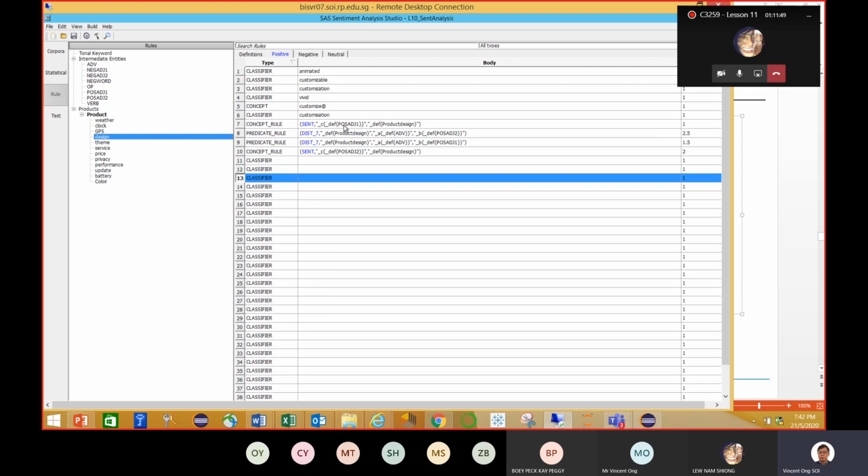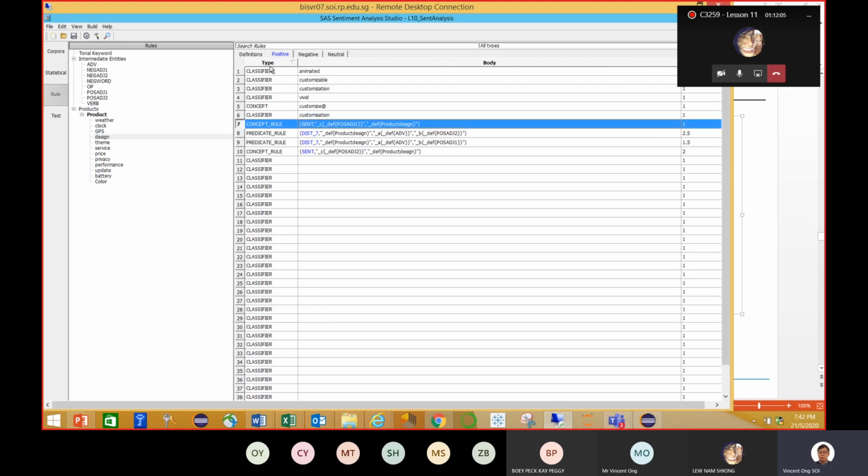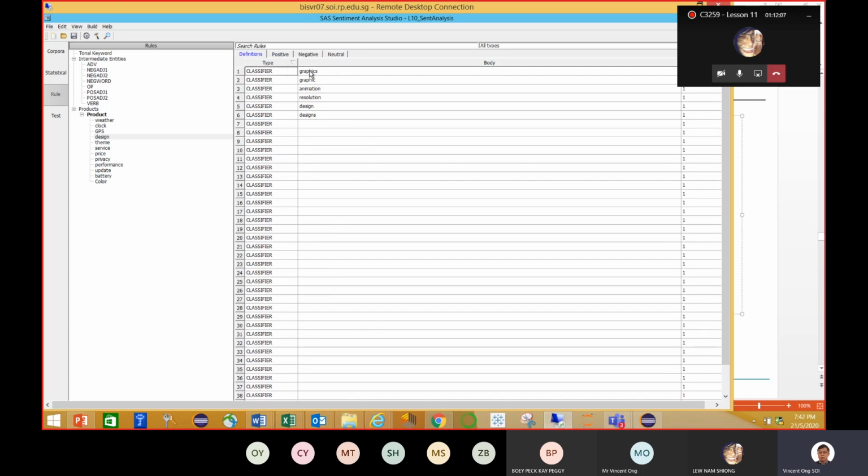So any words that appear in this list will match with the product design. Product design refers to this. What is product design defined as? We define it as animation, graphics.